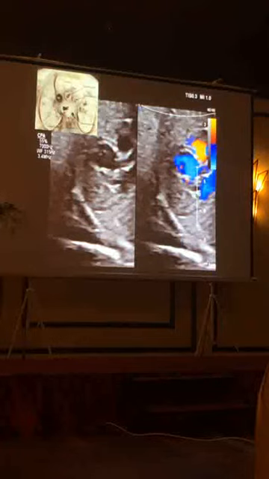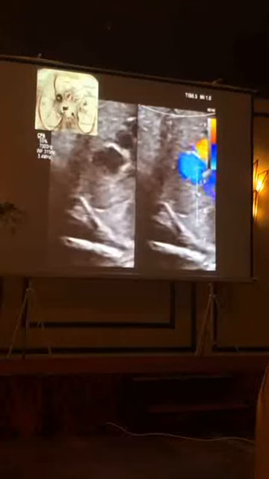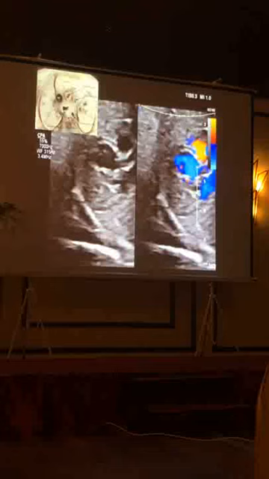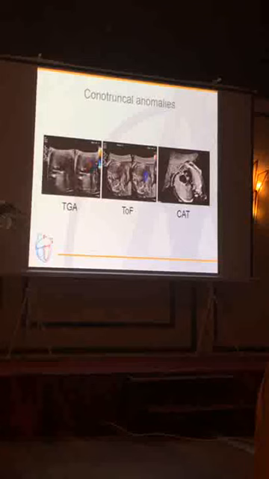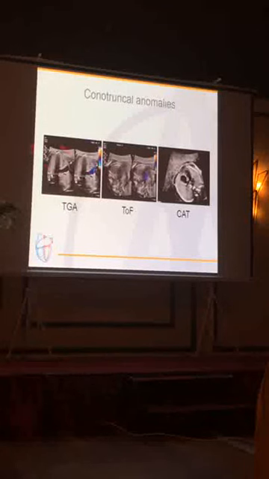So it's important to standardize your views, and you have to be sure that you are interpreting a proper image, because, of course, sometimes the image that you have may be suggestive of some pathology, but it's absolutely normal. And we already could see transposition of great arteries, and there were some signs in the three-vessel trachea view.